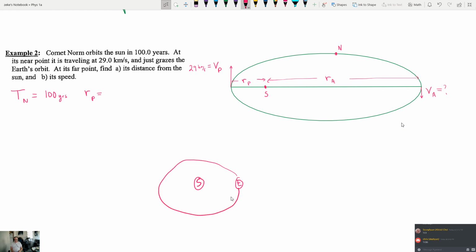We've got the Earth, it's orbiting the sun. What does it mean that this comet just grazes the orbit?